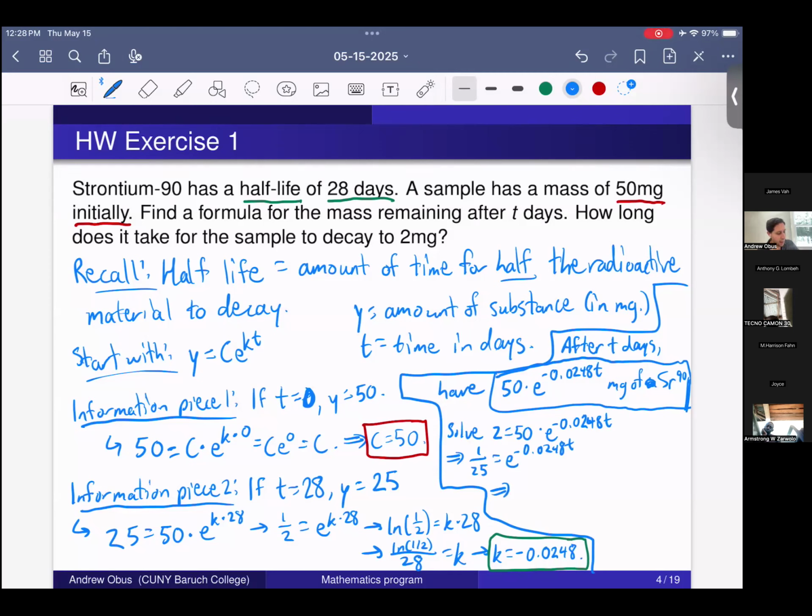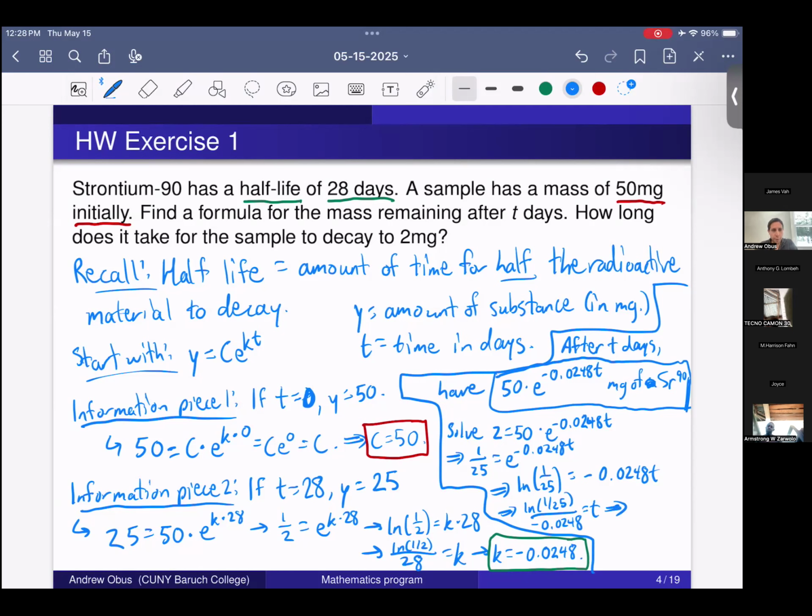Again, we have to take ln of both sides, so we get ln of 1 over 25 equals negative 0.0248 t.